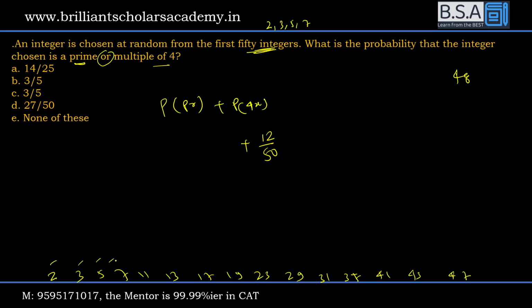That is 15 prime numbers out of 50. So it will add up to 27 by 50. There you go.